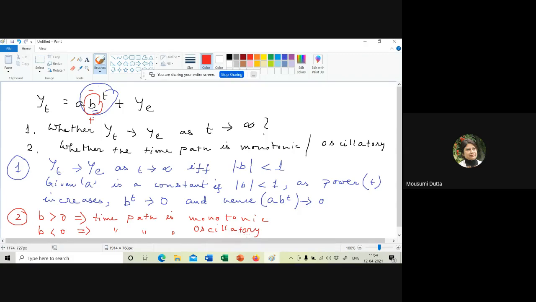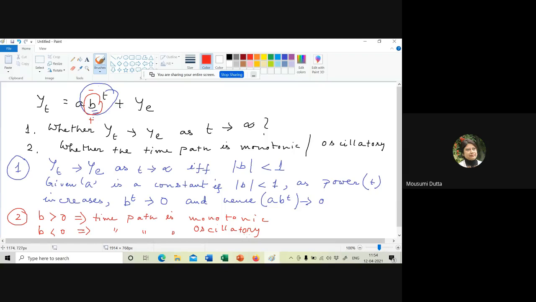So the exact nature of the time path will be determined by B. Whether it will be convergent, divergent, monotonic, oscillatory, everything will be determined by the component B. So B is a very, very crucial factor in determining the time path of the economic variable.